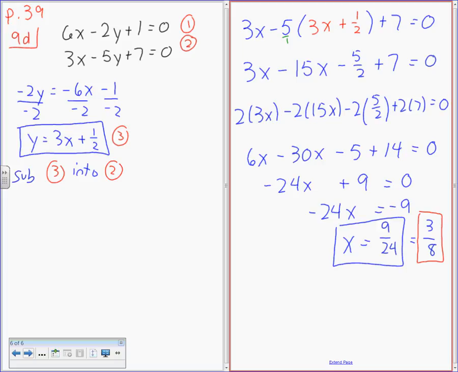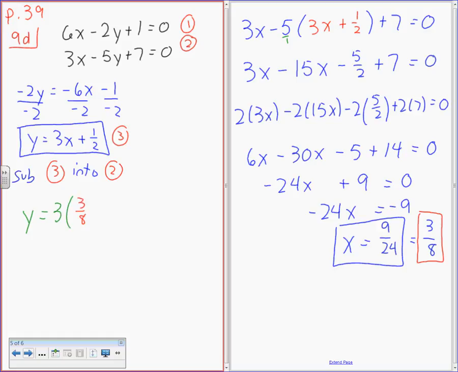Okay, great. How do I deal with that 3 over 8? What do you do with it right now? So I'm going to call it over here now. y equals 3 bracket 3 over 8 plus 1/2.